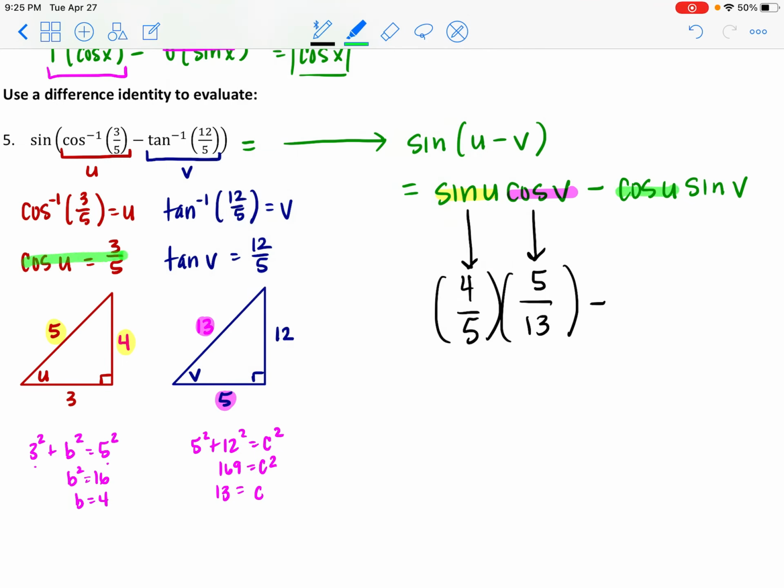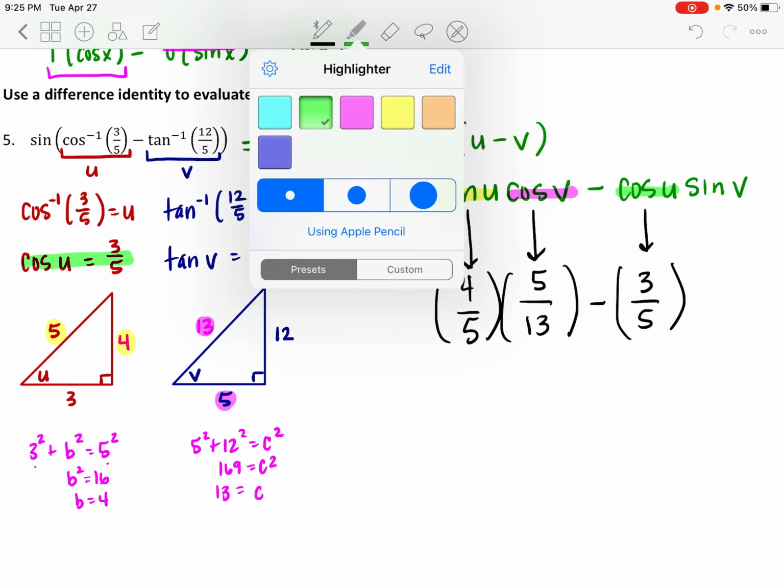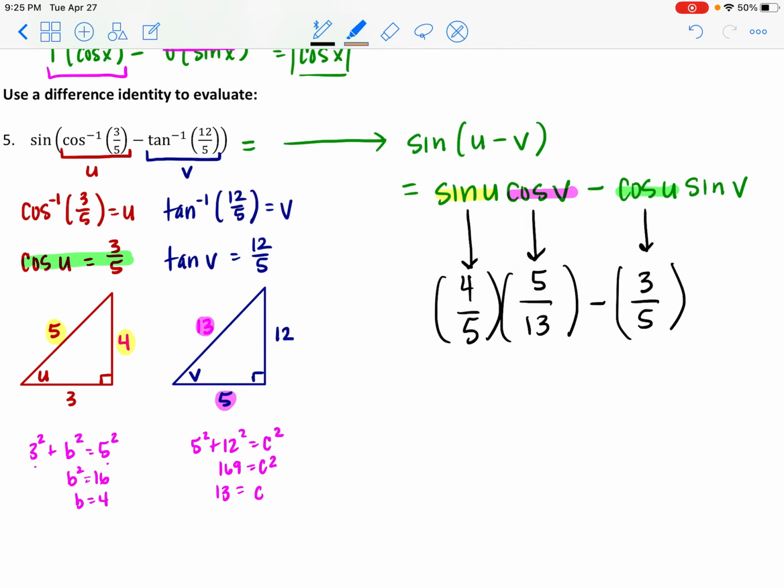Cosine of u, we did that. That's up here. We already said cosine of u has to be 3/5. And then lastly, I need the sine of v. Here's v, right? It's a fraction of the opposite side over the hypotenuse, so 12/13. So sine of v is 12/13.